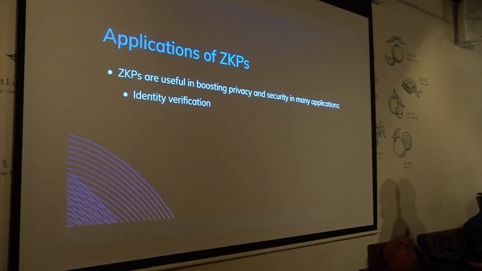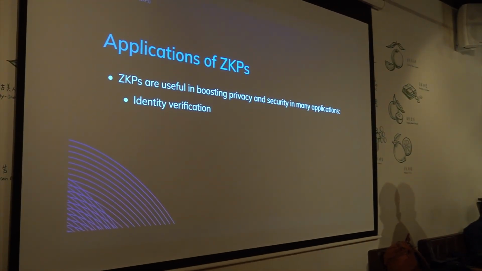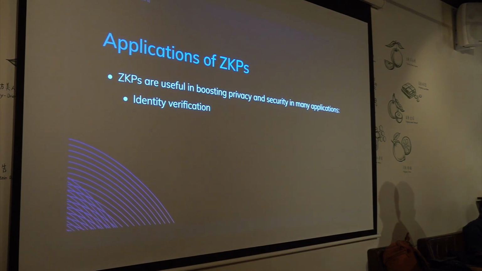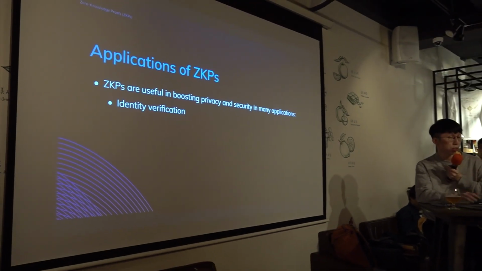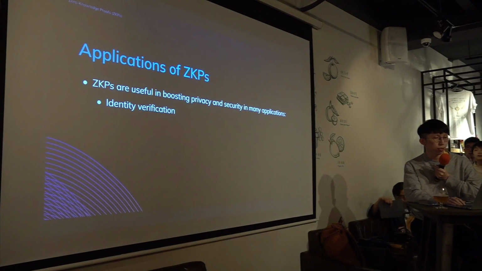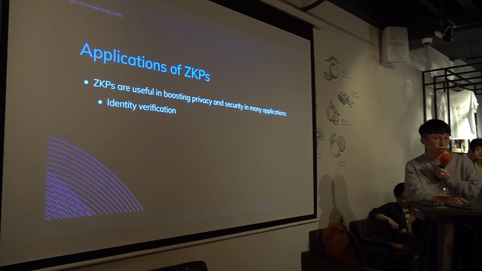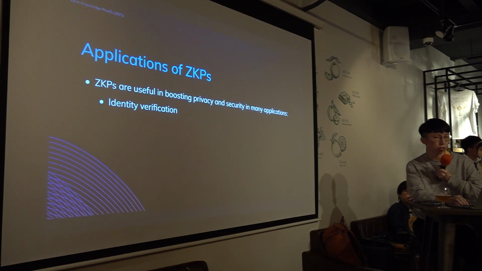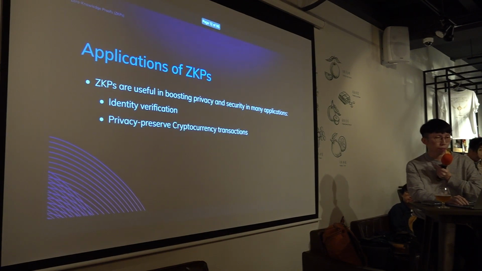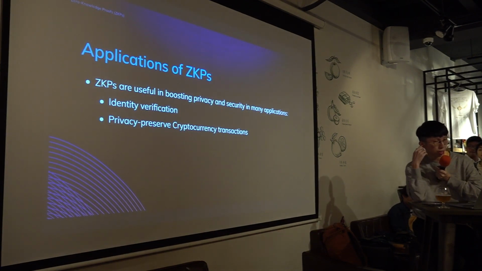And ZKPs are particularly useful in boosting privacy because it allows you to prove that you know something without revealing it. So let's suppose you want to prove that you're someone, then if you have the ZKP of that, you can prove it without revealing that information. And another example is in cryptocurrency transactions.